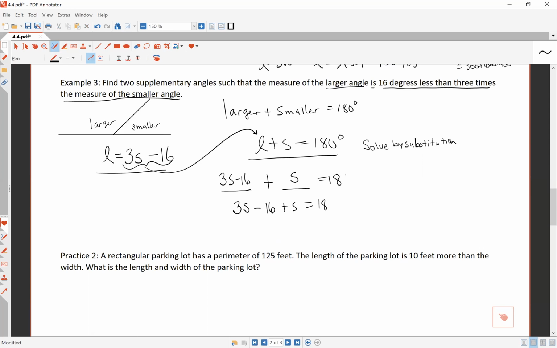I just realized that should be a 180. 3s plus s is 4s, minus 16 is 180. We add 16 to both sides, and we get 196 equals 4 times s.